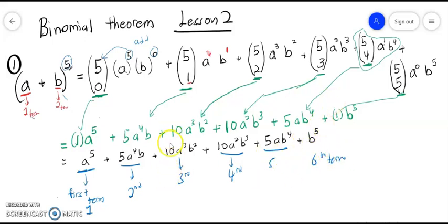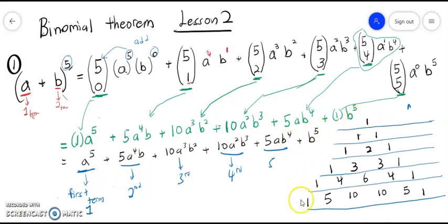Okay, so hope you can understand this. Or if you have any question, please comment below the video. Okay, now look at this diagram here. This is your Pascal's triangle. Alright, so according to this Pascal triangle, here is the power of this expansion 0, 1, 2, and this is your quadratic here.